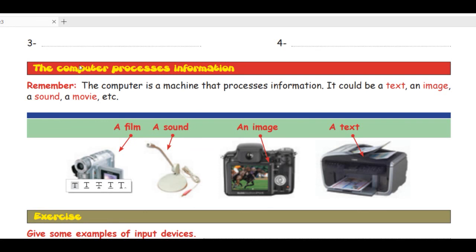I mean, the microphone is associated with what? With sound, with voice, and not with picture. Those kinds of examples are very important for them.